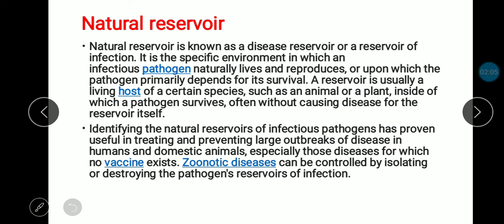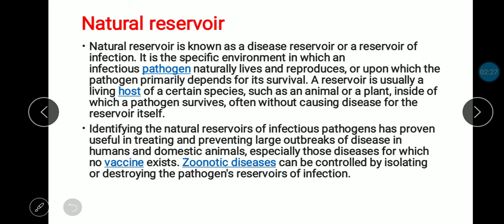A reservoir is usually a living host of certain species, such as an animal or plant, inside of which the pathogen survives, often without causing disease for the reservoir itself.